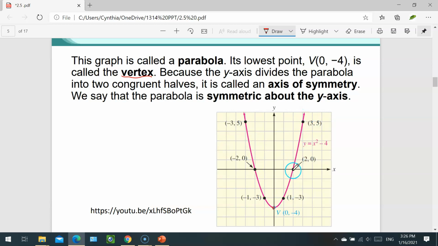That means at these 2 points they have the same y value, 0. But the right-hand side of the parabola has a positive 2 and the left-hand side has a -2 on the x-axis. So each of the points on the curve on the left-hand side and the right-hand side of the parabola are symmetric.